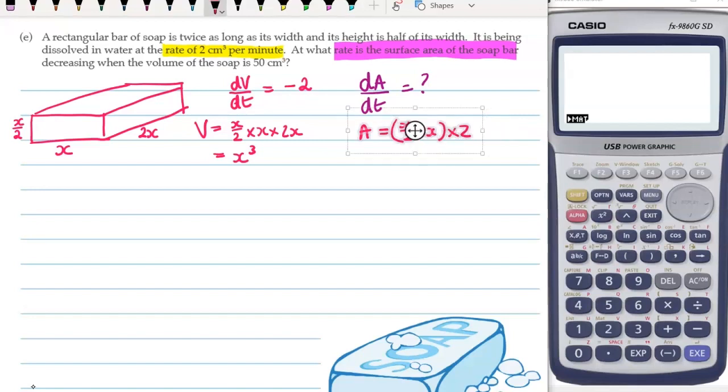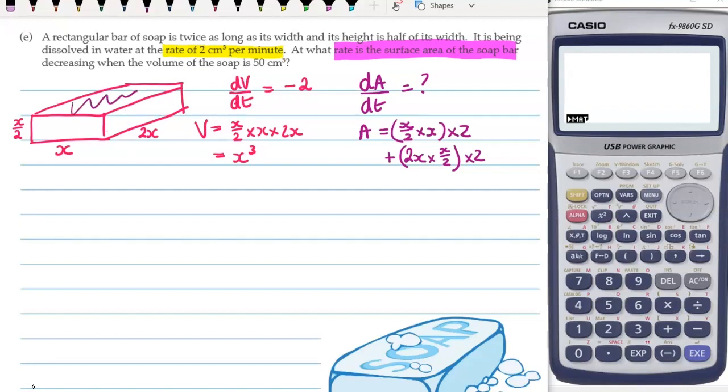I'm just going to change that to purple so we can keep track of what's what. Okay, then we'll add on 2x times the height. We'll have 2 of them, so that's this side here.